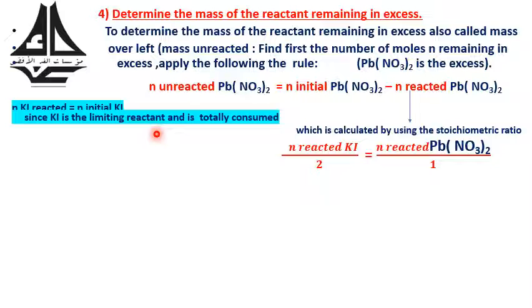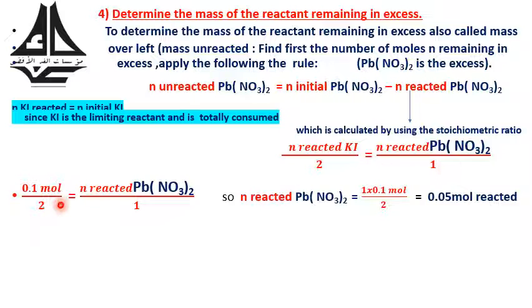Because the limiting reactant, which is here KI, of course, is totally consumed, which means that the initial number of mole of the limiting reactant is totally consumed. So always we have that the number of mole reacted of the limiting reactant is equal to the number of mole initially found of that limiting reactant. Always remember that.